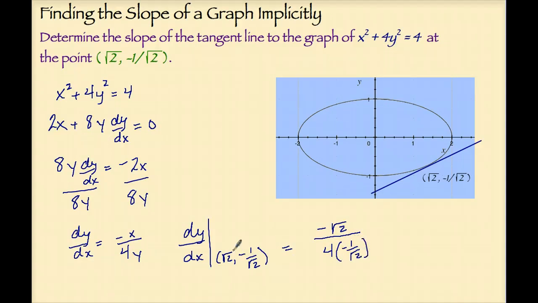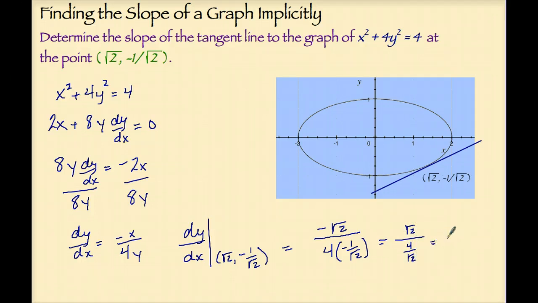Notice in these derivatives we need both the x and y coordinates of the point. Now negative over negative, of course, is positive, so let's simplify this. We're going to have the square root of 2 over 4 over the square root of 2.